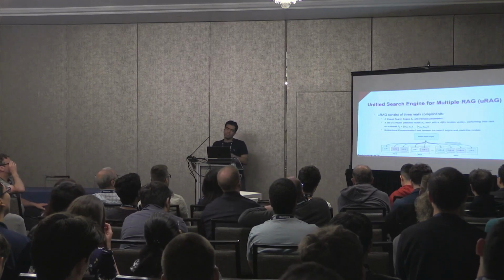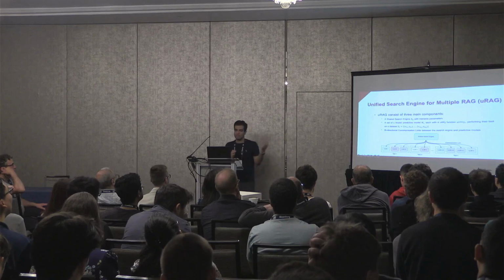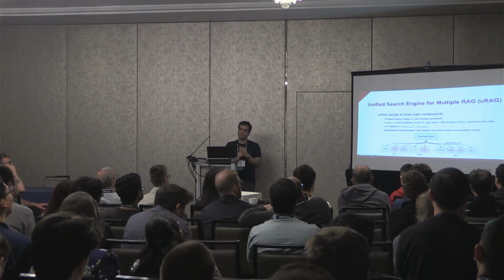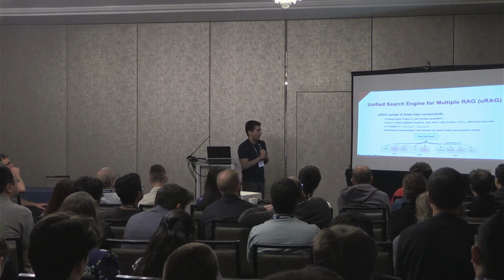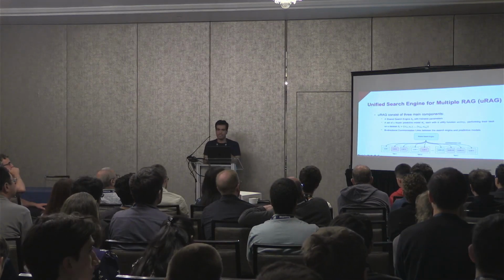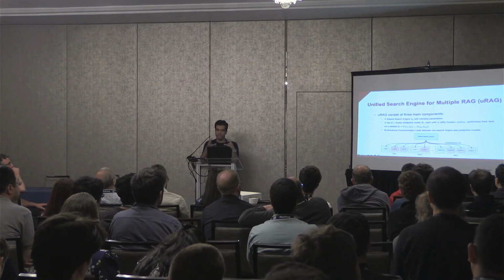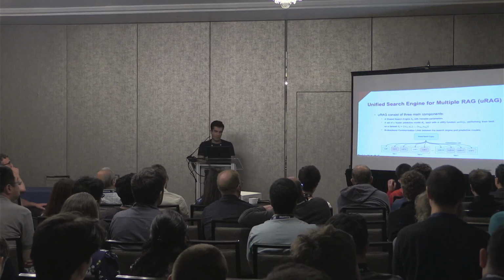In this paper, we introduce a new problem and also a new ecosystem and framework on how to study this problem: a unified search engine for multiple retrieval-augmented language models, and we call our framework and ecosystem URANK. In the URANK system, we have three main components. The first one is a shared search engine that serves all the large language models present in our ecosystem.